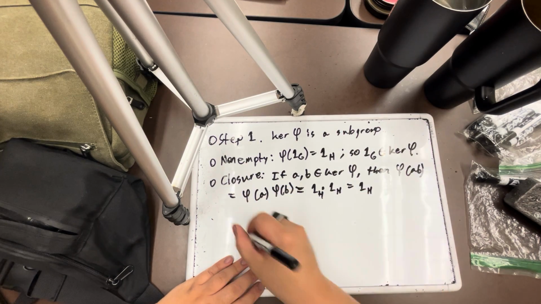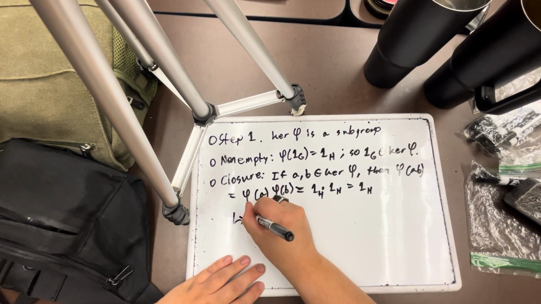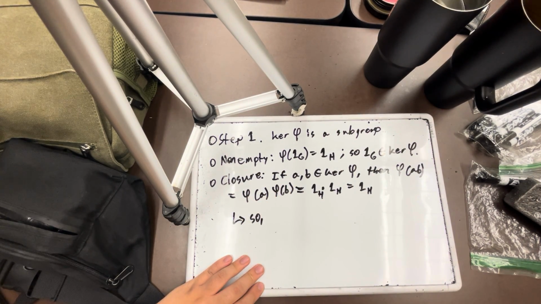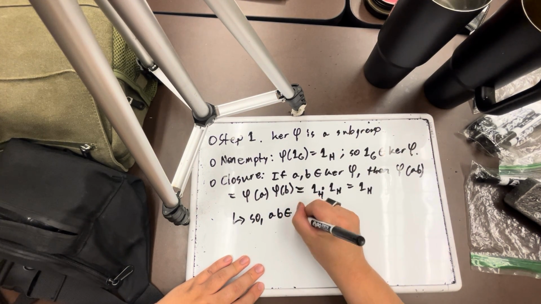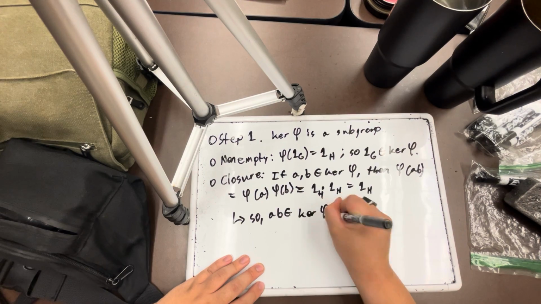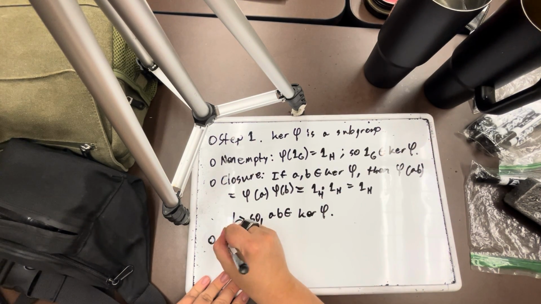So ab is within the kernel of phi. So we have closure. Now, how about inverses?